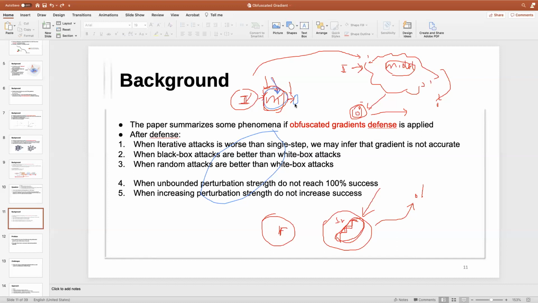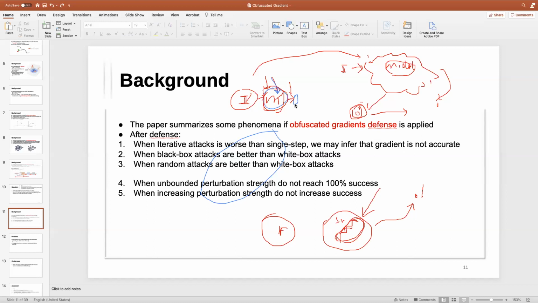I think here they just want to list what will happen if we use the defense. It's not to detect whether there's a defense. Suppose a model is leaked, I feel there's a chance of using static analysis for the model. So I'm talking about something else.